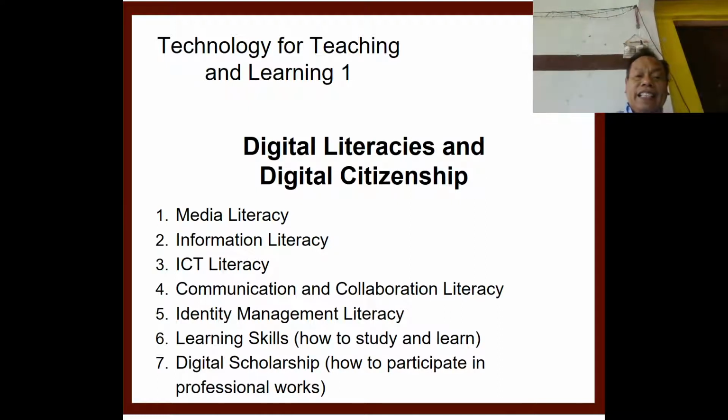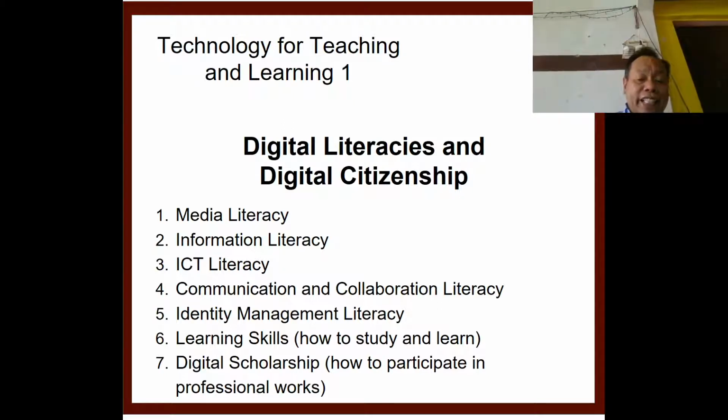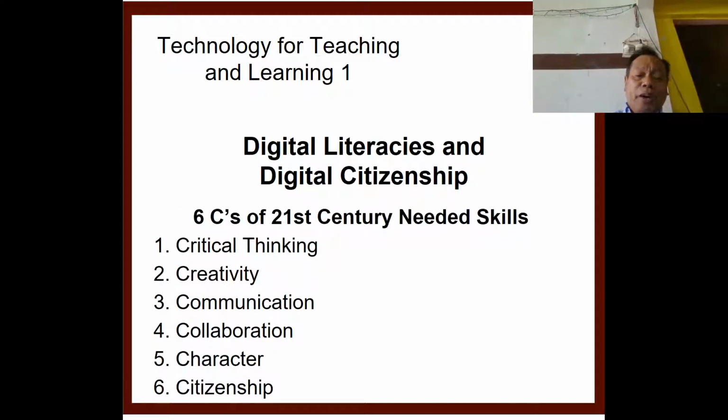Then our third topic is actually digital literacies and digital citizenship. We go over the digital literacies, which include media, information, ICT, communication and collaboration, identity management, learning skills or how to study and learn in the internet, and digital scholarship, how to participate in professional works.